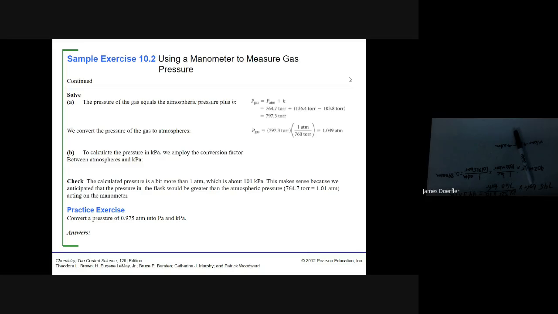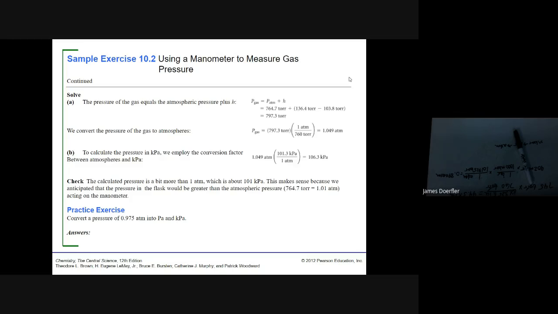Okay, so we'll go ahead and use the 1.049 atmosphere and solve for kilopascals, where we have 101.325 kPa over 1 atmosphere. Atmosphere cancels out, and we get 106.3 kPa.